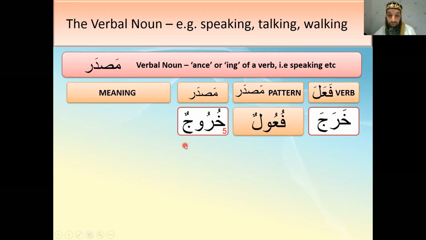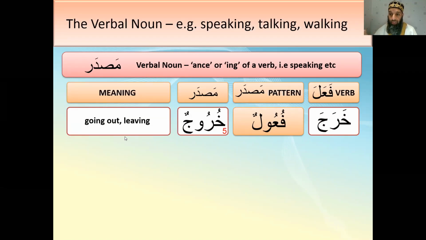Khurujun, 5 times in the Quran, means leaving, going out. So kharaja means he left. Kharijun means leaver. Makhruj, okay, we'll leave that one, difficult to translate. But khurujun is leaving, going out. It's that verb happening.